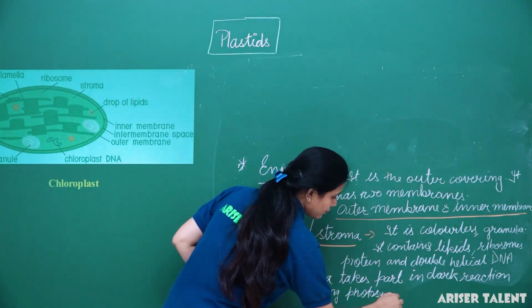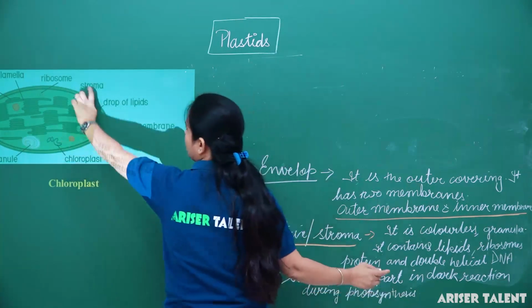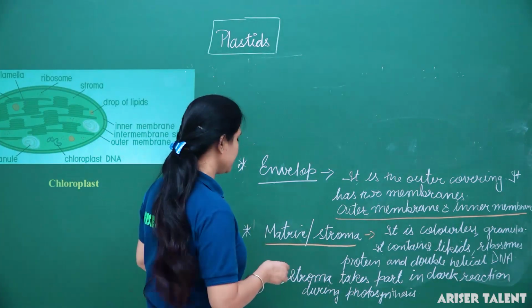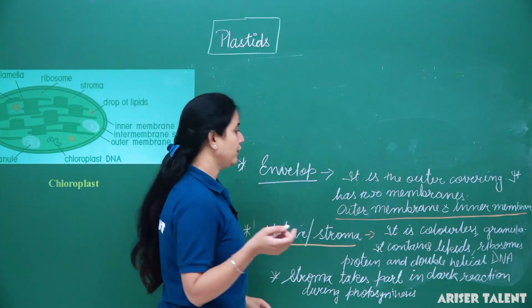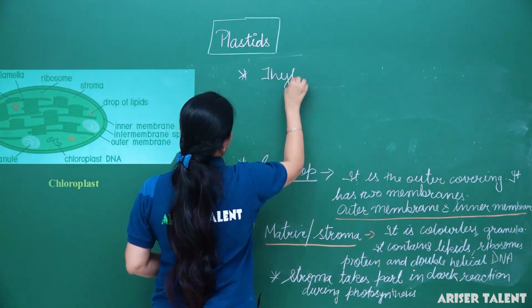This matrix part takes part only in the dark reaction during photosynthesis as it does not contain chlorophyll. Now next is thylakoid, the third part.